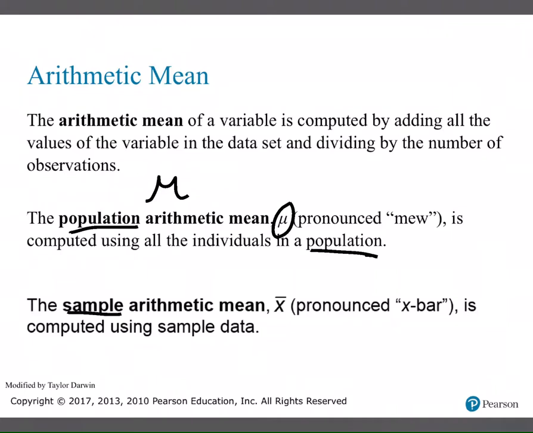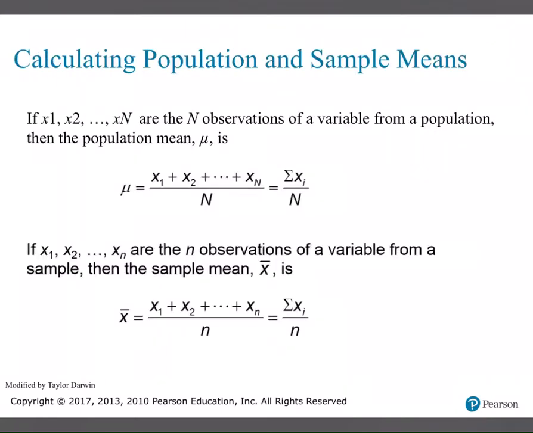Then we've got sample mean, which is represented with X bar. Mine looks pretty similar to that. And that is when you have the mean of the sample data. This is how you will find those means. You will be given this formula on your formula sheet. And just a couple things.